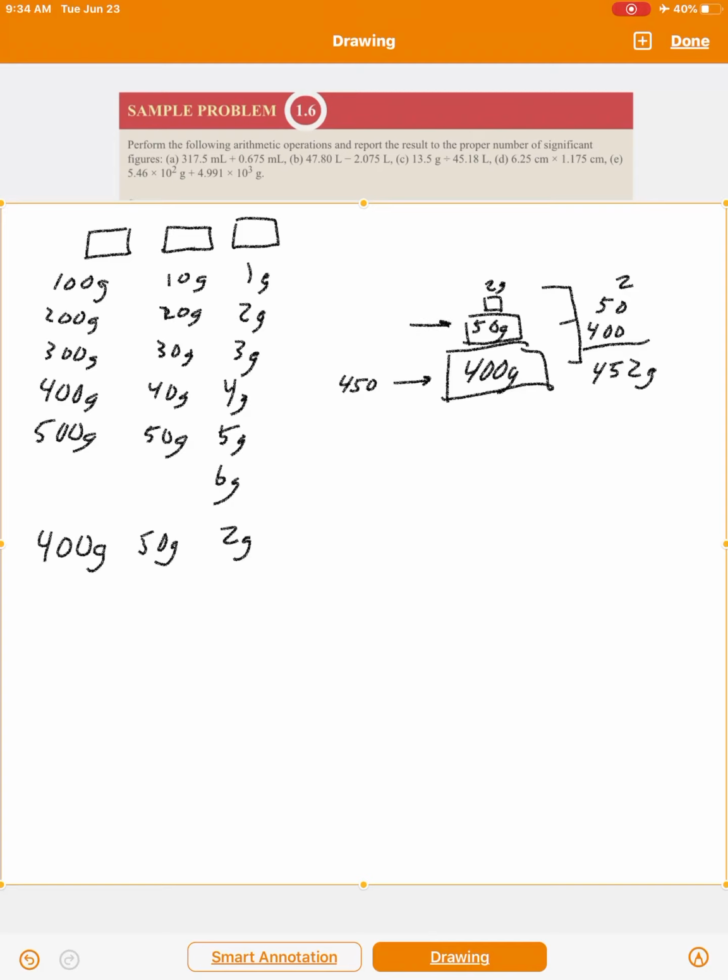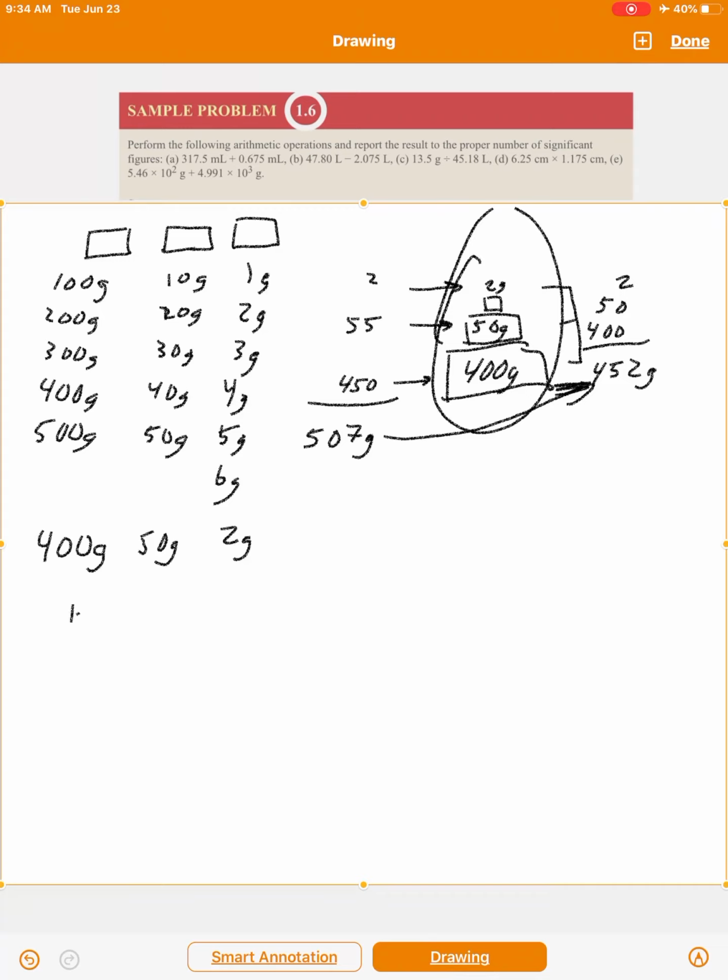And suppose the one that was 50 was actually 55. Let's assume this one's pretty close. It's 2. What would you get? You get 507, right? That's way different than what we got over here. So what we're saying is, even though we made these measurements, we don't know how precise they are. So when we give a result, a calculation, what we do is we use the following rule.